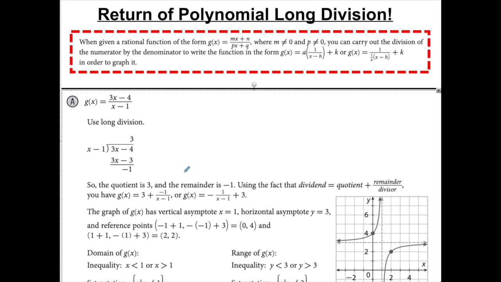So when given a rational function of the form g of x equals mx plus n over px plus q, where m and p aren't 0, meaning they're two linear functions, you can use long division, so that is you do the numerator divided by the denominator, to write the function in one of the two forms, which will then allow us to graph it.